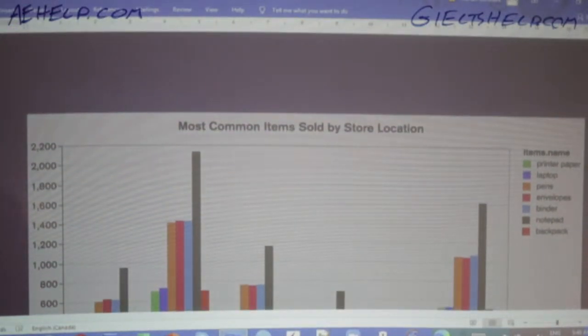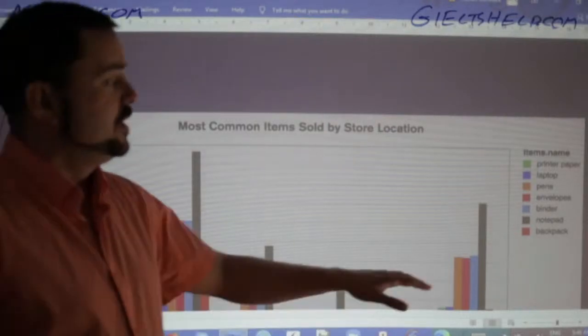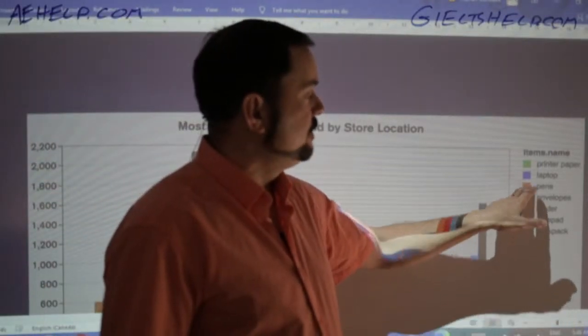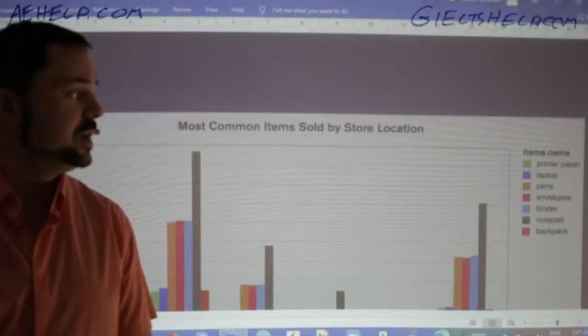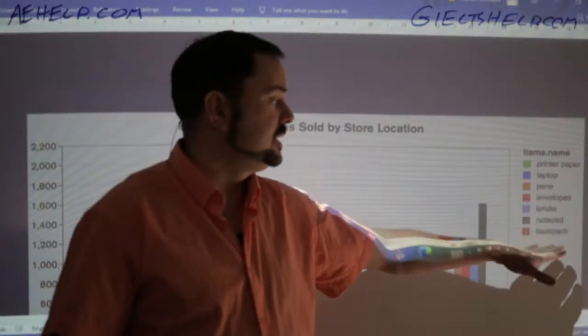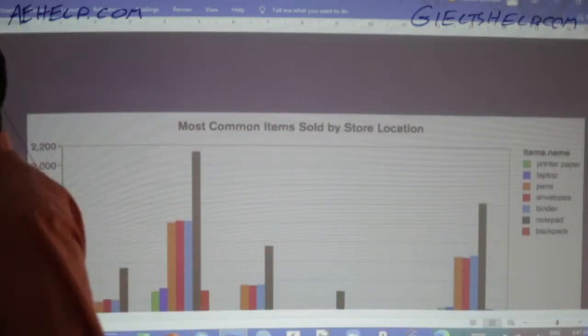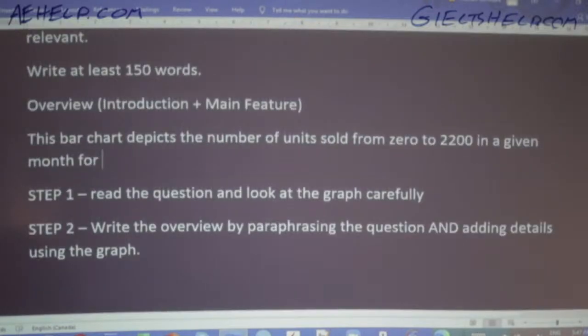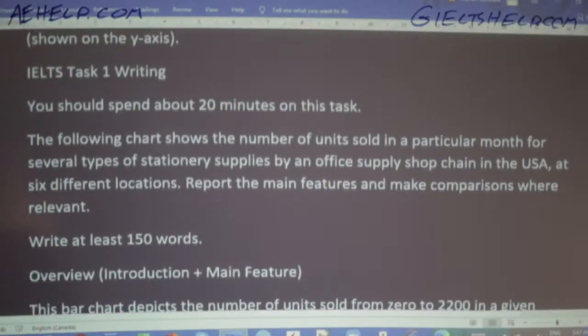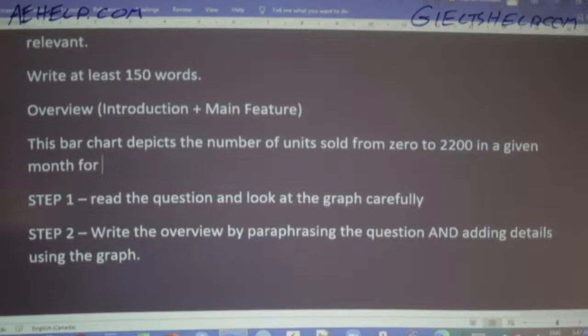We've got how many stationery? We've got 1, 2, 3, 4, 5, 6, 7 different stationery items, okay, ranging from printer paper to laptops to binders and backpacks. I don't know if I would list all 7 here. You can use the word ranging in this case.